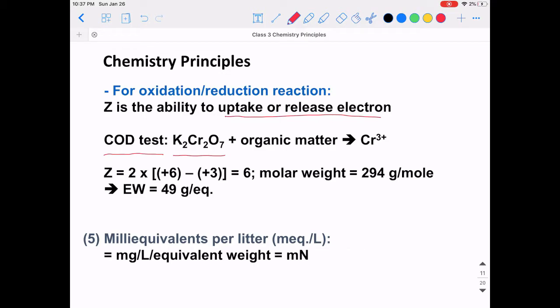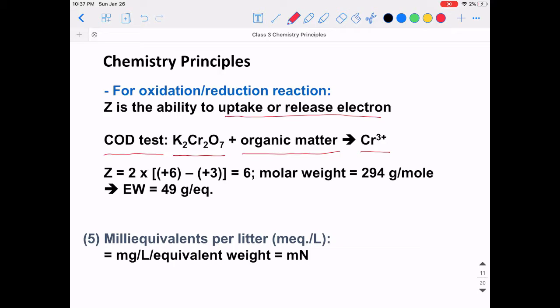So we're going to use this chemical to oxidize certain organic matter in the water. After the oxidation, the chromium is going to be reduced to the oxidation state of +3. So let's see what is the number of electrons being exchanged within this chemical.